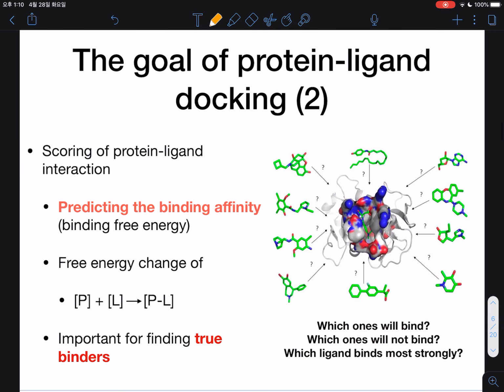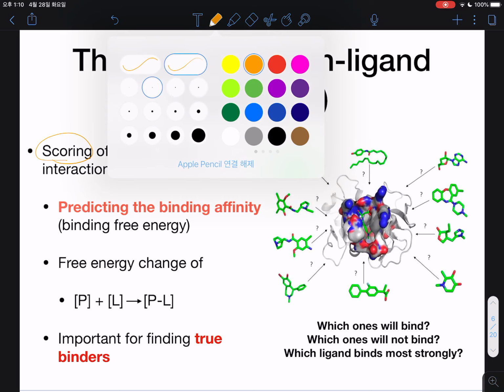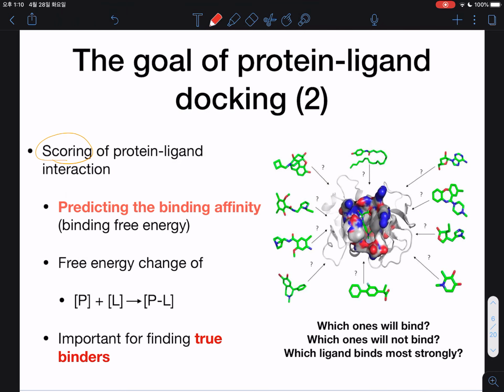The second reason why protein-ligand docking is challenging is that it is hard to measure, or to score, the strength of protein-ligand interactions. Here I mentioned scoring, but you can also say measuring or estimating.